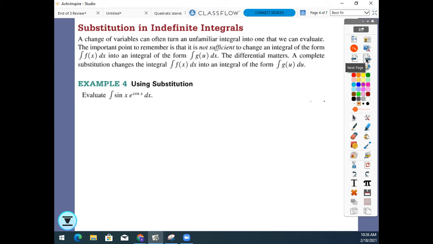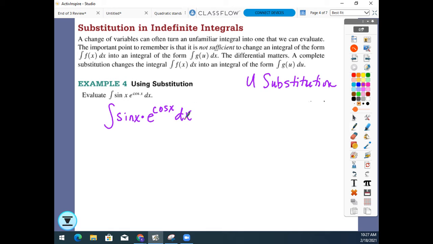Okay, now this is getting into the main part of the lesson, learning the concept of u substitution. And I'm going to specifically call this u substitution. So the first thing I want you to notice is we have two functions being multiplied together.